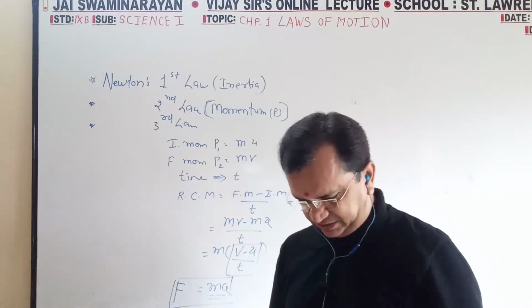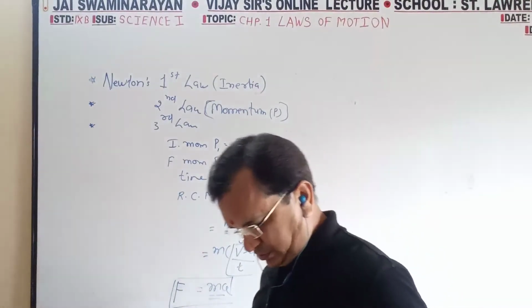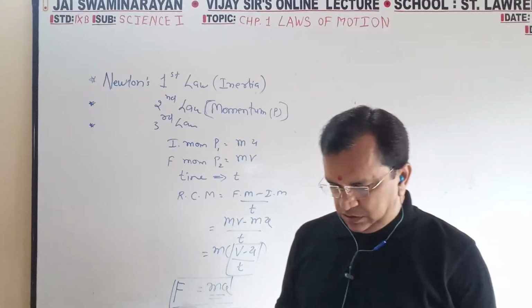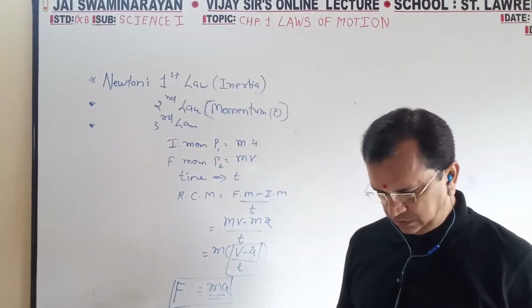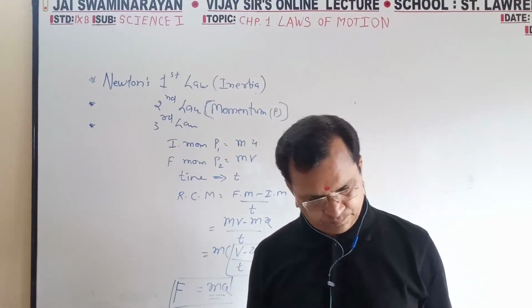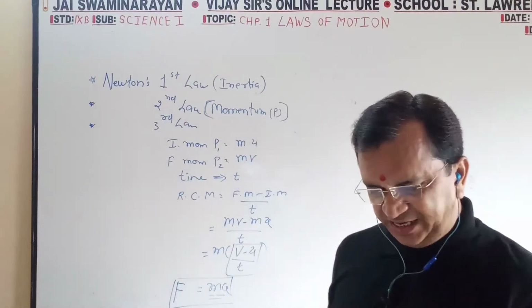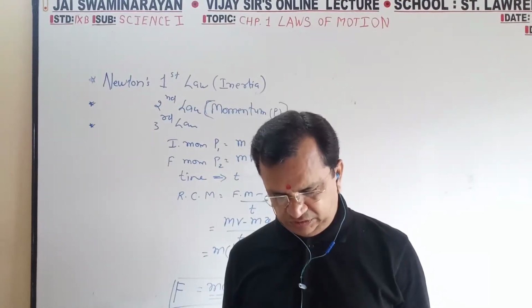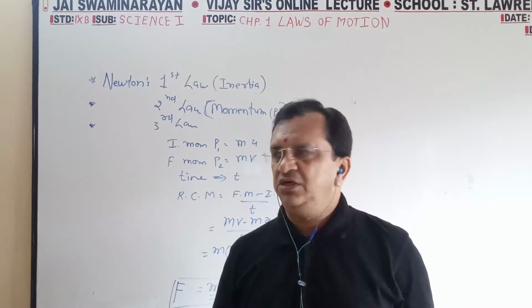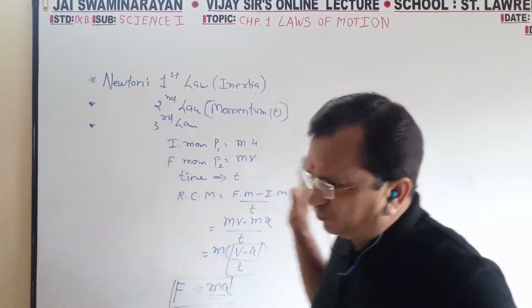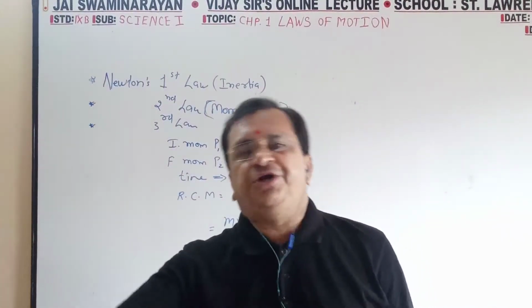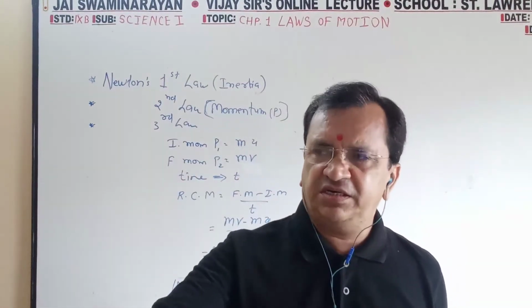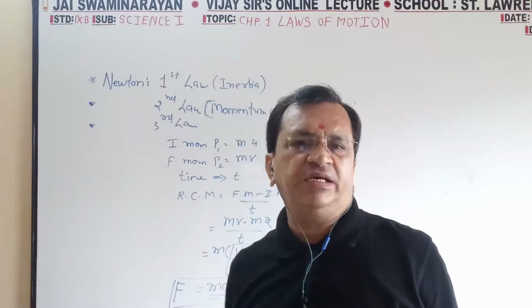Now how do we get this? Every action force has an equal and opposite force simultaneously. If you give a lot of force to a door, it rebounds and gives an opposite force. If you push a spring, it rebounds and gives an opposite force.